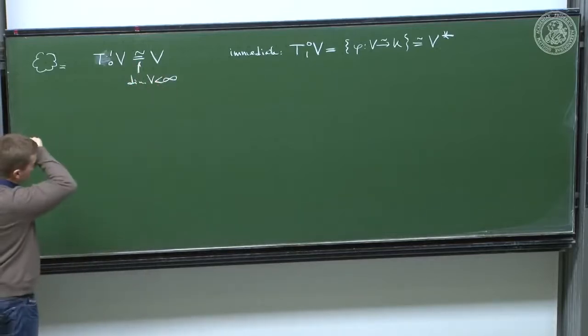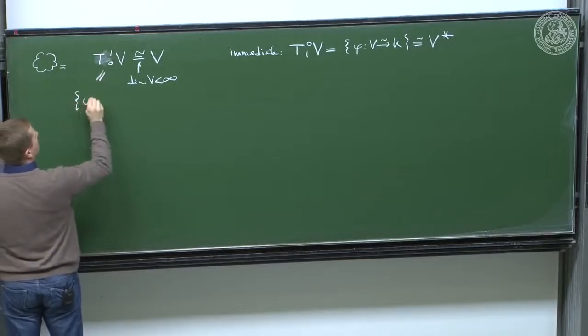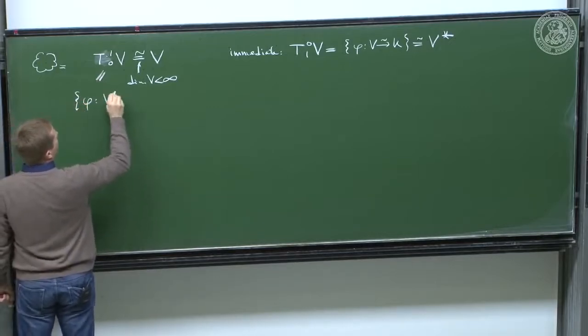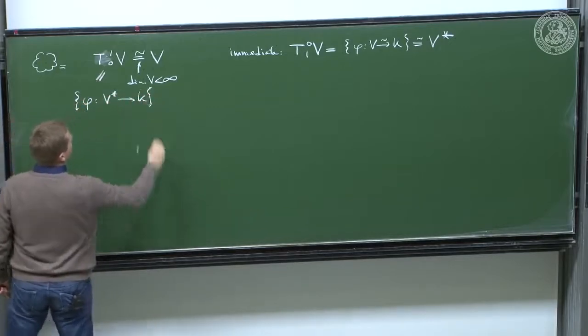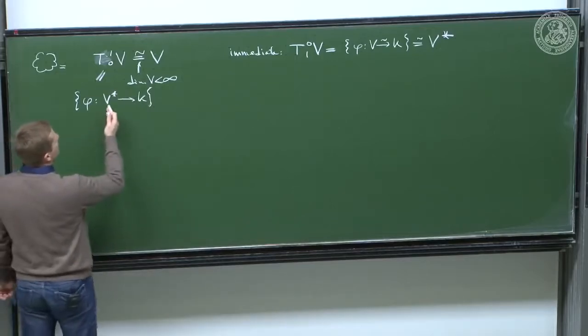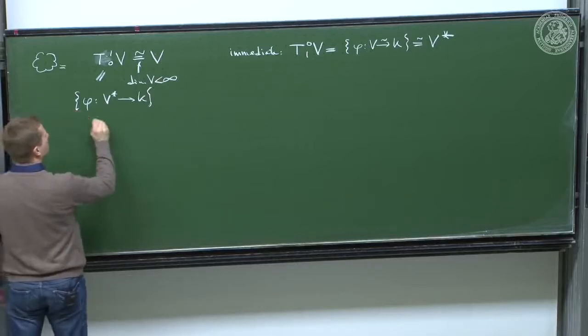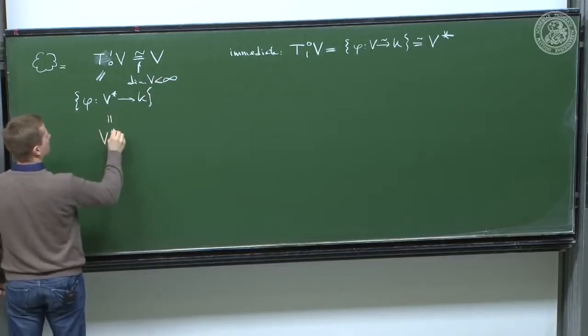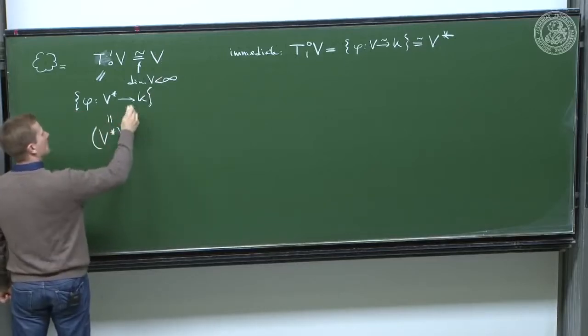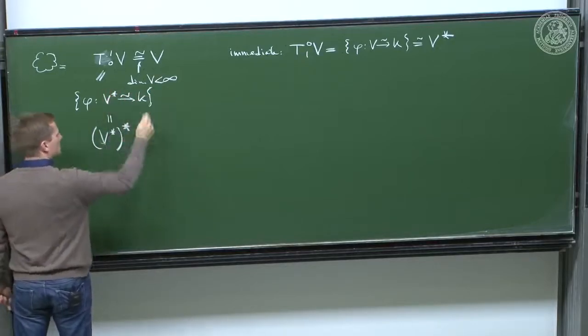Okay. And it went like this, so elements in here are linear maps from V star to K. That was by definition. And how do you understand that a linear map from V star to K is again an element of V? Well, you realize that this is, of course, V star star. It's all the linear maps from the vector space V star into the number field.